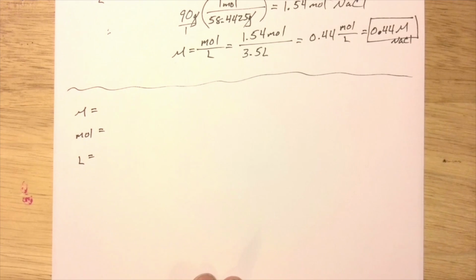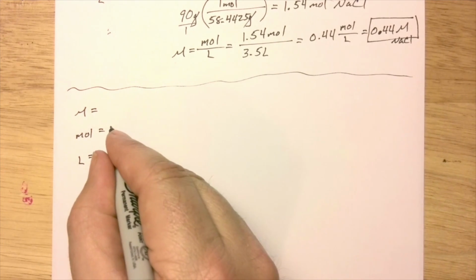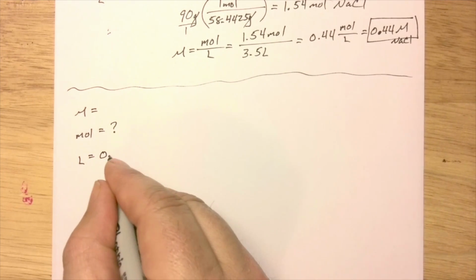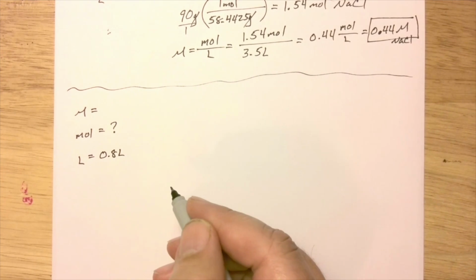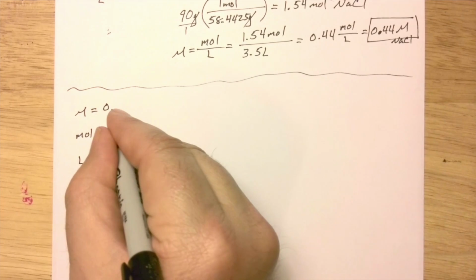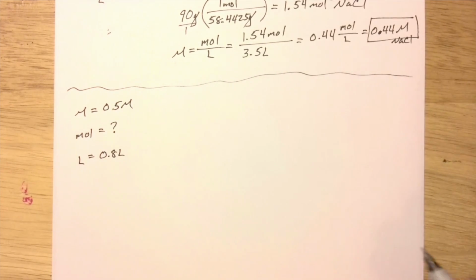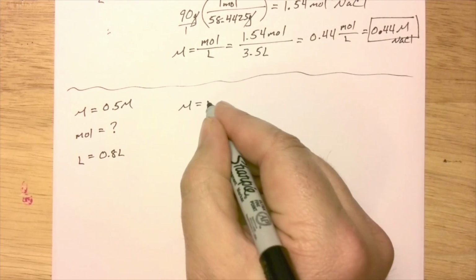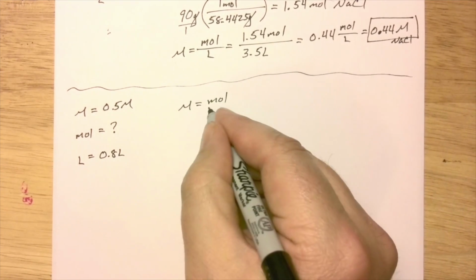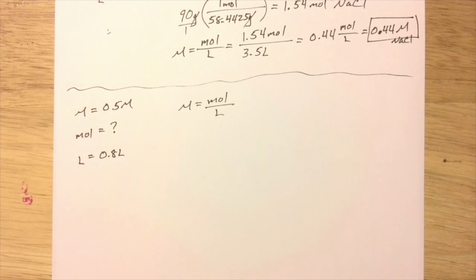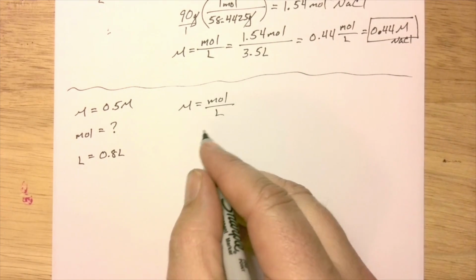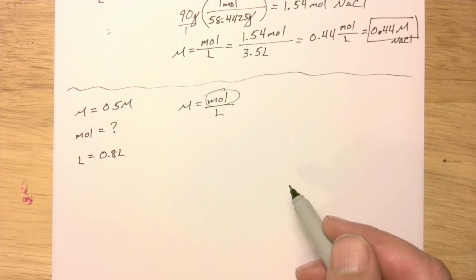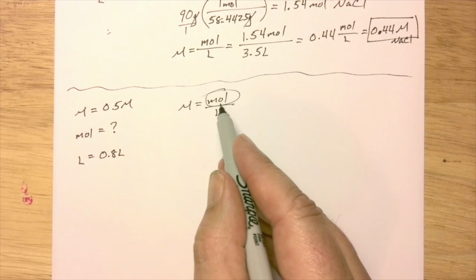So it's asking how many moles would you have. We don't know that. But you have 0.8 liters, and also you have a 0.5 molar. Okay, so now if you look at the equation, molarity is equal to a mole per liter. Now we're trying to solve for how many moles we need. Moles is already on top. It's being divided by liters.